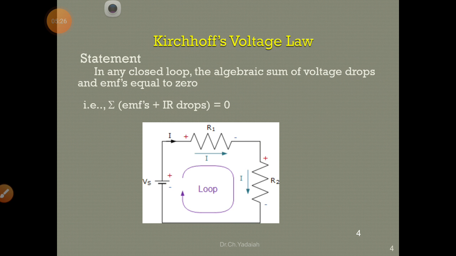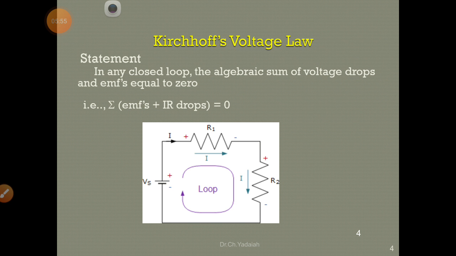Now whatever the source amount is generated by voltage sources, your father and mother, that is consumed by your brother and sister and yourself for your education purpose. You are consuming, your brother is consuming, and your sister is consuming. Let us assume this consumption of amount as drops.